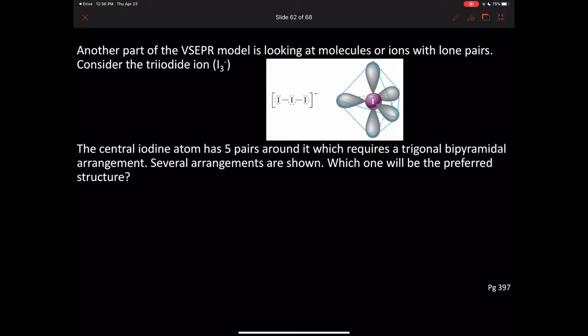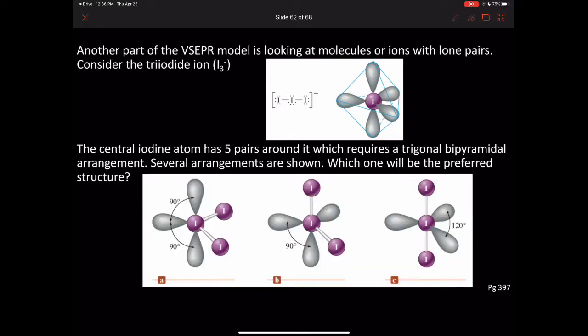Several arrangements are shown here below, but which one will be the preferred structure? We've got all of these different structures that are possible with 90-degree angles or 120-degree angles. You might look at that 120-degree angle and say that might make sense with those lone electron pairs wanting to repel each other as much as possible.